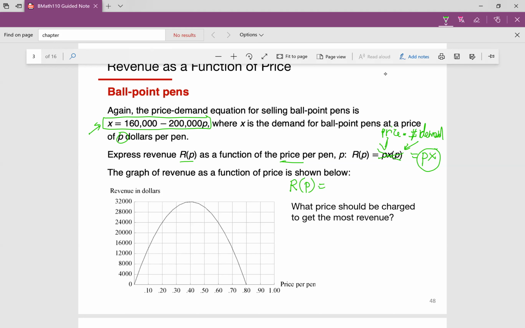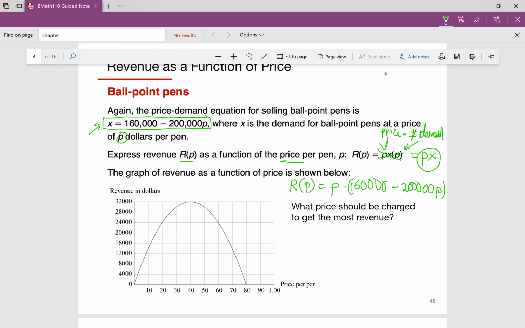The right hand side is P times X, but X I can now substitute from the equation above, which is 160,000 minus 200,000 P. And you see that now everything is in terms of P.